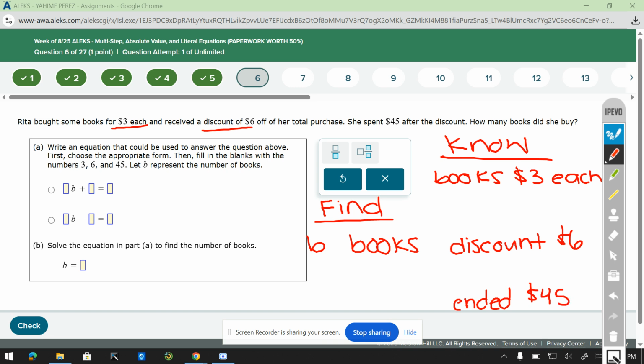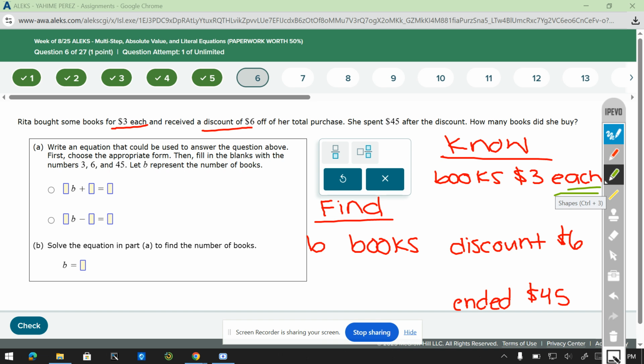Okay, so let's turn what we know into some algebraic expressions, right? Each book was $3, and hopefully you remember that the word each is multiplication. So I'm multiplying 3 with the books.